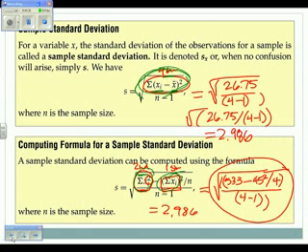Whereas this column, I would have to compute the average, subtract each data value from the average, and then square it. So that would get really messy with decimals and stuff. This one would be much nicer, especially if you're dealing with integer data. So even though the formula itself is harder, the table work would be easier on this one.